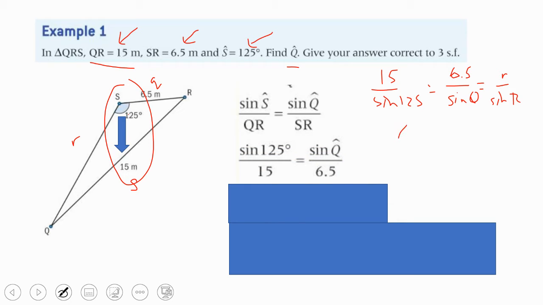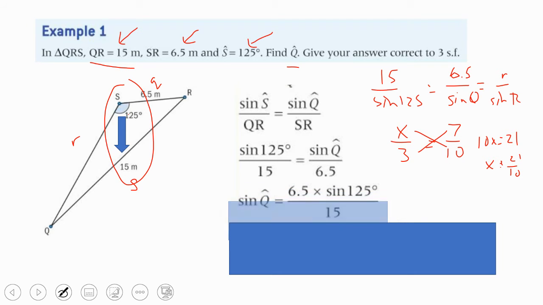And if you remember basic proportions when you're younger, something like this, and you cross multiply to solve. So this would be 10x equals 21. And so x equals 21 divided by 10. So when we go to solve here, that's all we're going to be doing. 6.5 times the sine of 125 divided by 15.